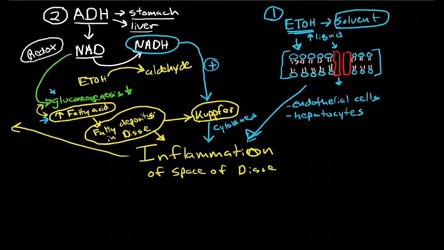Okay, and there's a third process in play here. When we drink very large amounts of alcohol, we actually overwhelm our ADH system. We've used up every ADH enzyme and coenzyme that we have available.